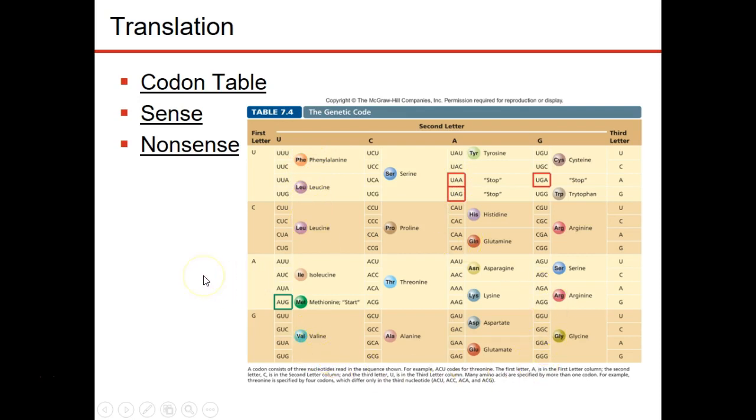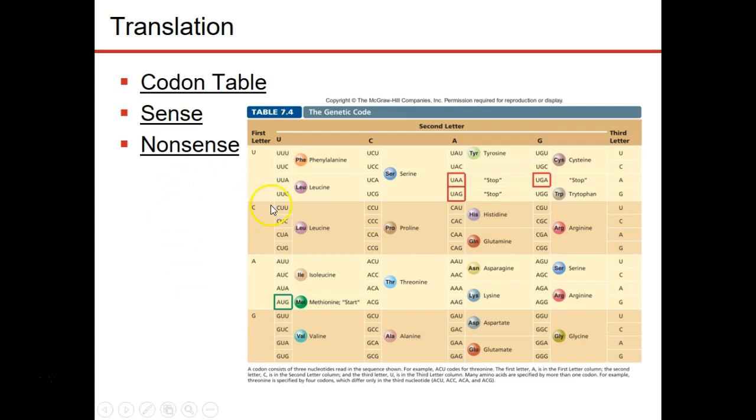We read our DNA or our RNA 3 nucleotides at a time, and that's considered a codon. And it's how those nucleotides sit together that will determine what amino acids are coded for.